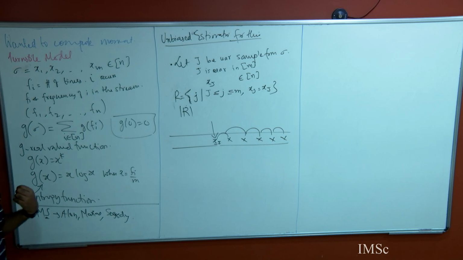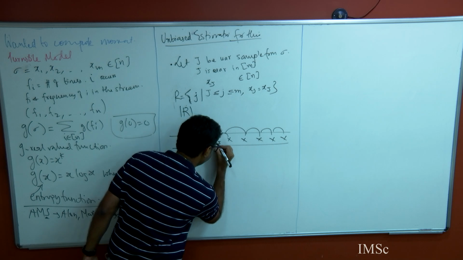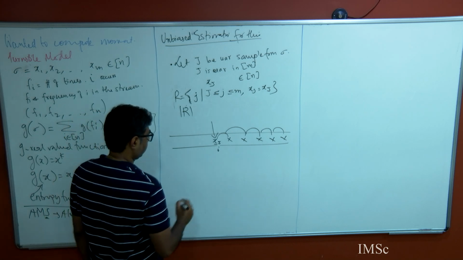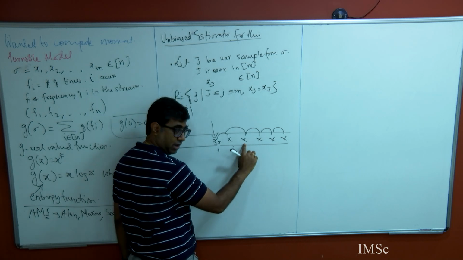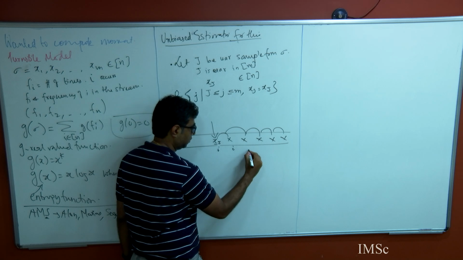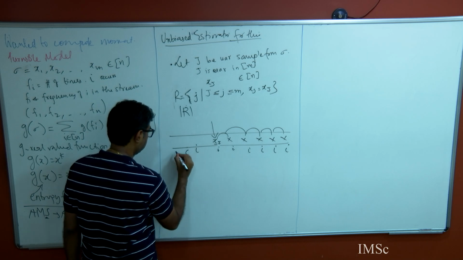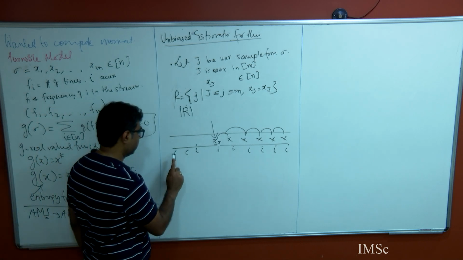Suppose this number x_J is some I. What is the value of this guy? If x_J is going to be equal to I, it can be one of these occurrences.